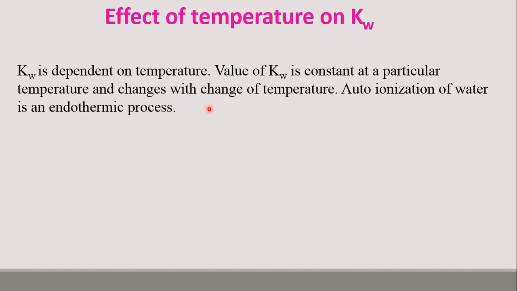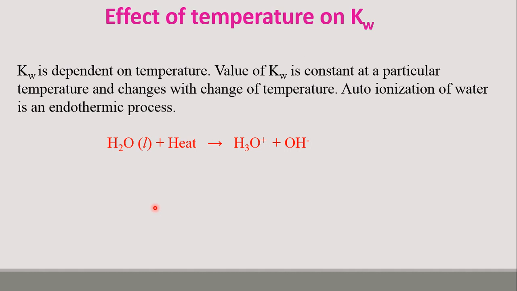Autoionization of water is an endothermic process. Why? Because water is dissociated after absorbing heat. When heat is given, then water produces hydronium ion and hydroxyl ion. That means it is an endothermic process.